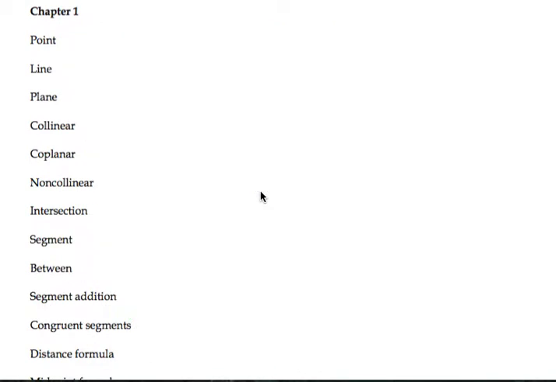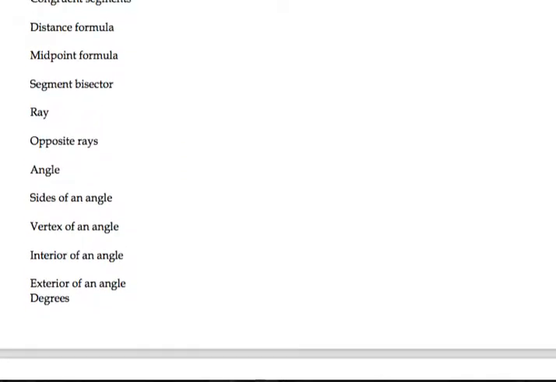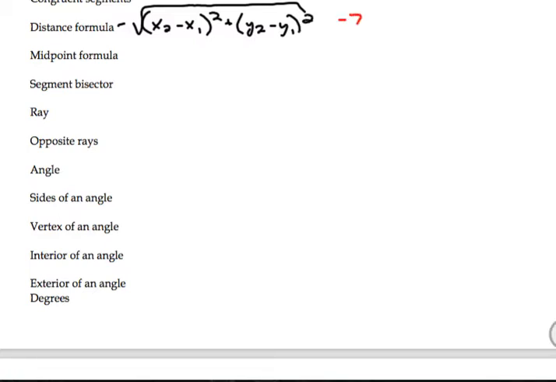Alright, then we had some more things on your quizzes like distance formula. So if we scroll down to distance formula. I'm just going to give you this equation: x2 minus x1 squared plus y2 minus y1 squared. Key things to remember: a negative 7 squared is always a positive 49.